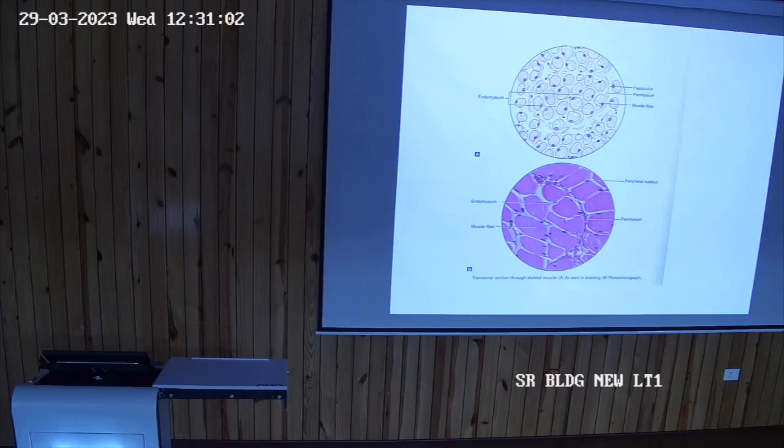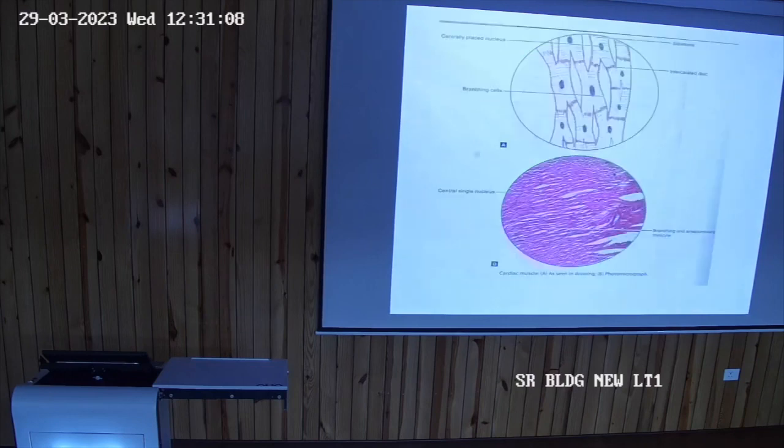What is the epimysium? What is the perimysium? And now look at this diagram. This is the LS of cardiac muscle. See the position of the nucleus and the number of nuclei. The number of nuclei is either 1 or 2 in each muscle fiber. Second thing, the branching pattern.